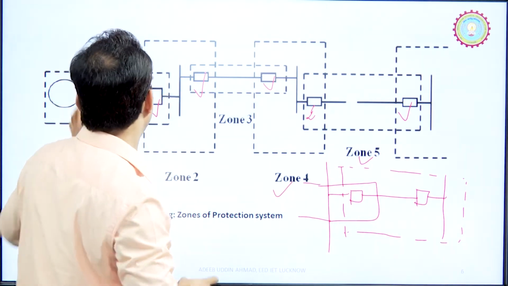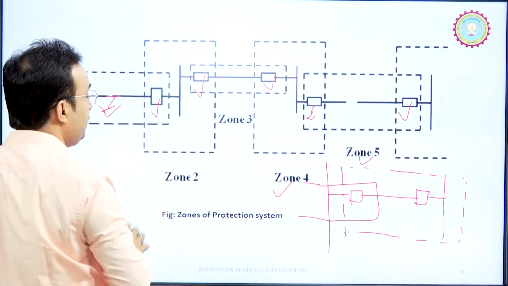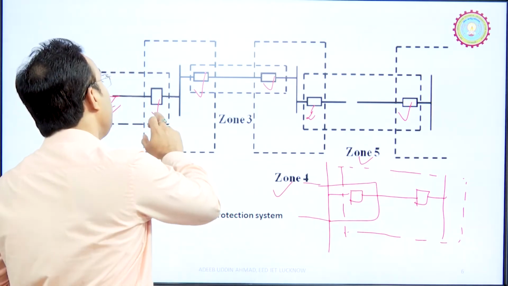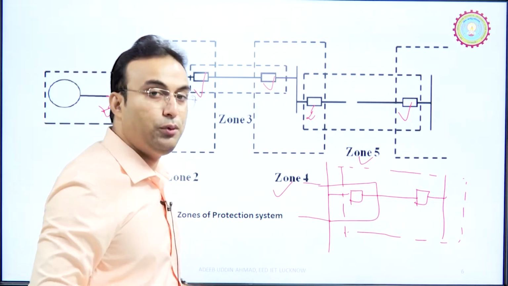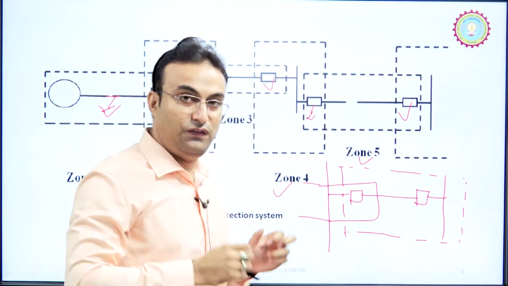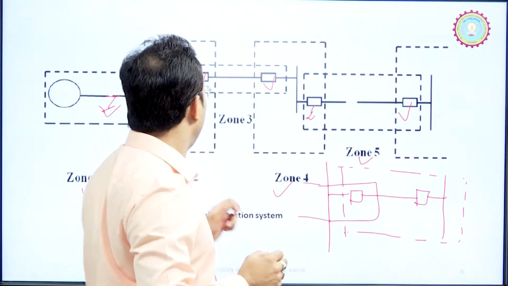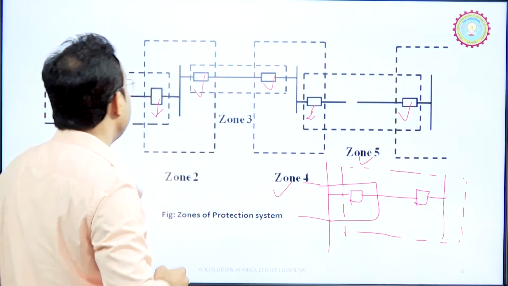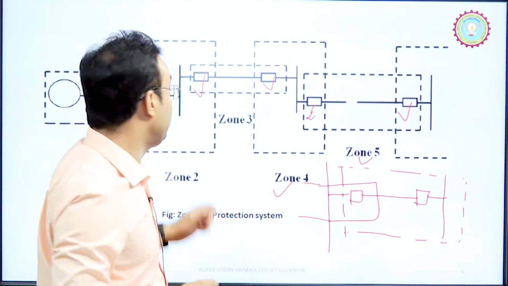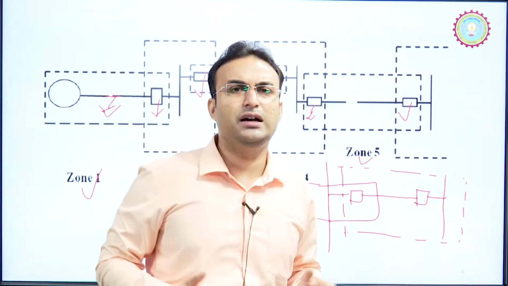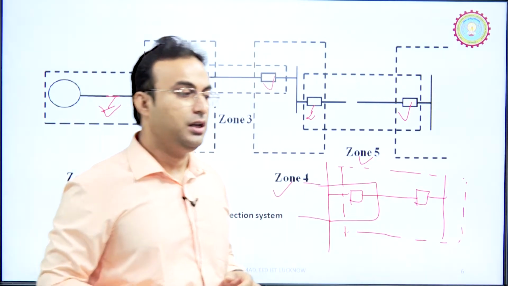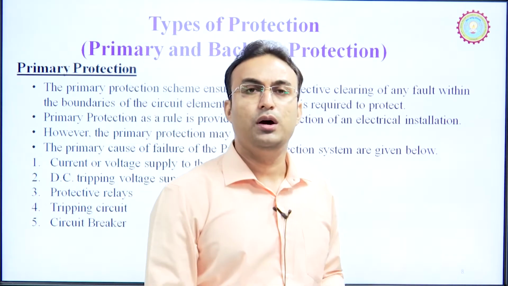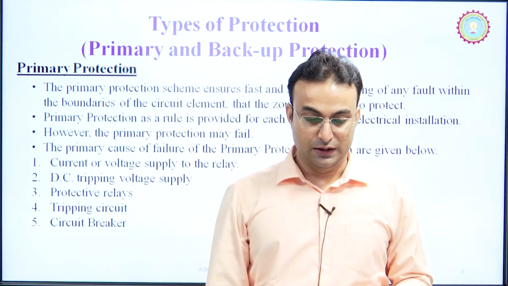For this zone of protection, the primary protection is this circuit breaker, and if it fails, this circuit breaker will operate and act as a secondary or backup protection. So, this is the fundamental primary and backup protection, but somehow the primary protection can fail. There are some points where the primary protection can fail.